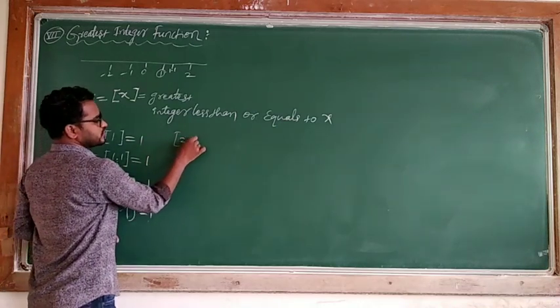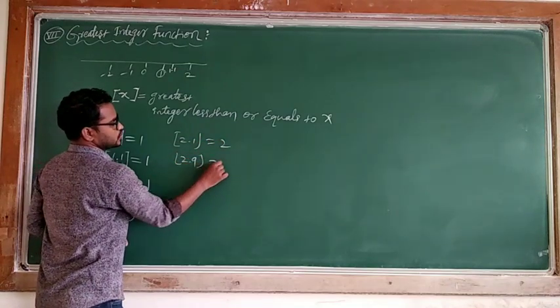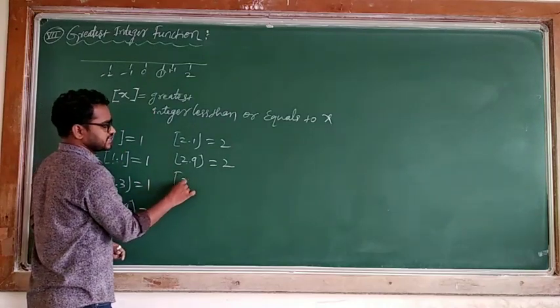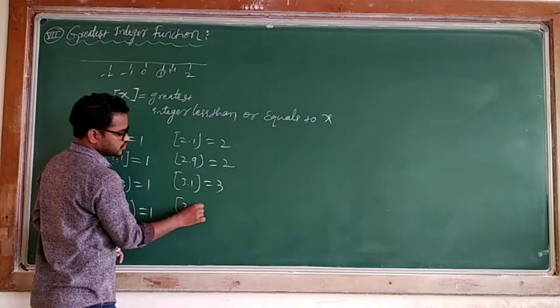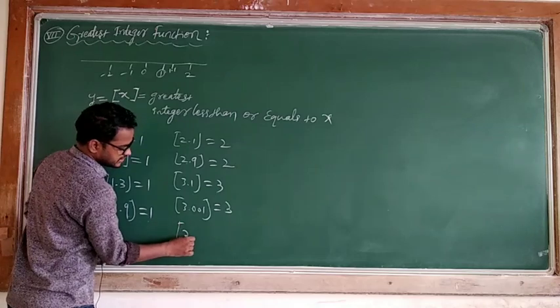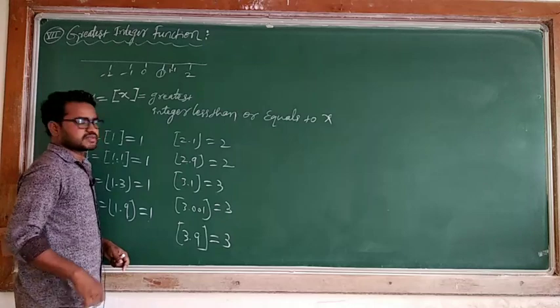If it is 2.1, 2; if it is 2.9, 2; if it is 2 point any number, 2 only. If it is 3.1, 3; if it is 3.001, this will be 3; if it is 3.9, this will be 3.